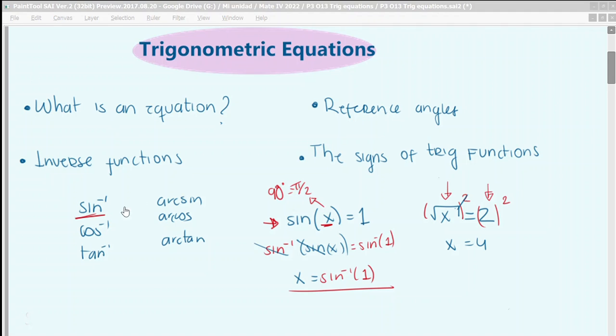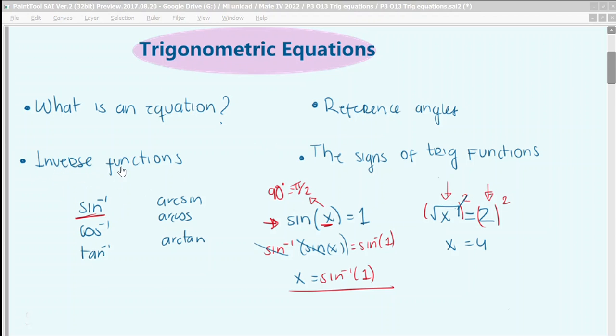You will usually use calculators with this. My favorite calculator is Google's one. So if I want to find the sine inverse of 1, I would just click, make sure your calculator is in radians, and then I would write inverse and select the sine inverse of what? Of 1, and that is 1.57, que es actually pi halves.